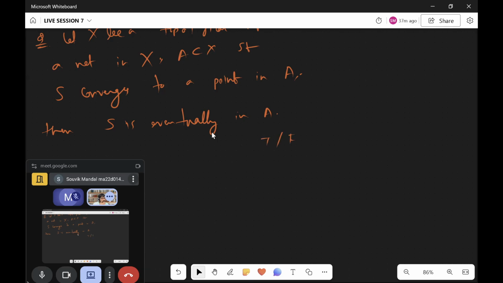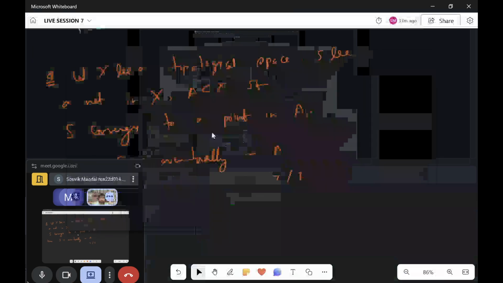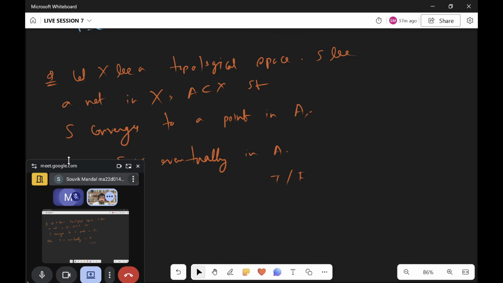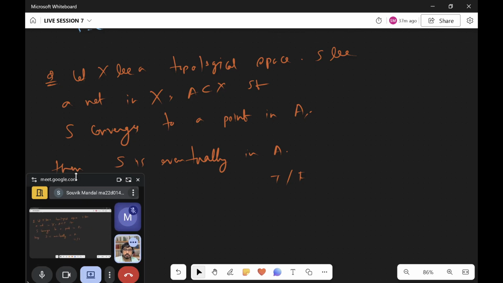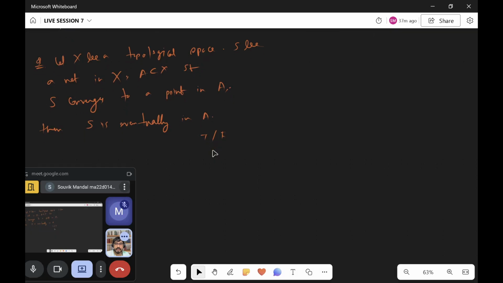Basically, what is the question? Suppose X is a topological space, S is a net in X, and A is a subset of X such that S converges to a point in A. Then we need to show that S is eventually in A. Is it a true or false statement?